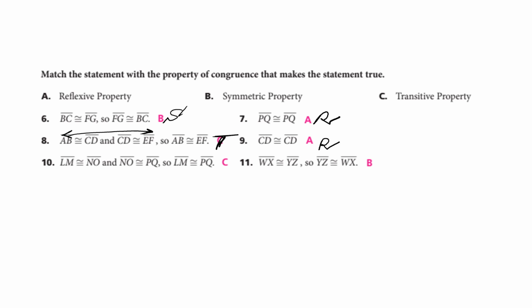LM is congruent to NO, NO is congruent to PQ, so LM and PQ are congruent to each other. It is my transitive property. Now, if WX is congruent to YZ, we can say YZ is congruent to WX. This is said to be a symmetric property.